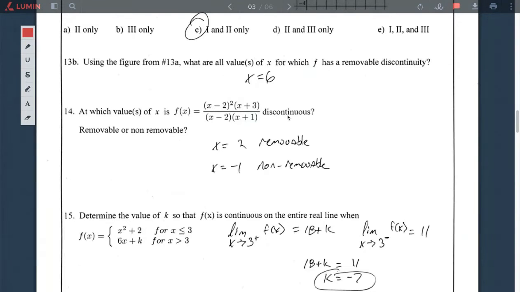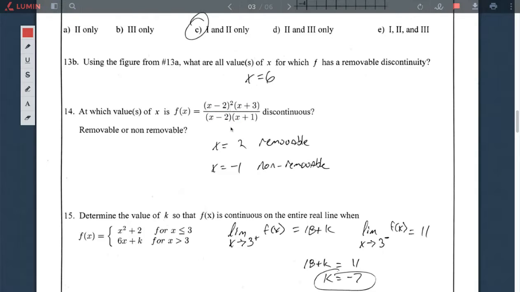X values for which we're discontinuous. Remember, we're interested in what makes the denominator 0. So 2 is going to make me 0, and -1 is going to make me 0. Remember, removable is what makes the numerator and denominator 0. Non-removable means I'm going to have a number in the numerator and a 0 in the bottom. So if I plug 2 in, notice if I plug 2 in right there, makes the top 0, plug 2 in right there, the bottom 0.